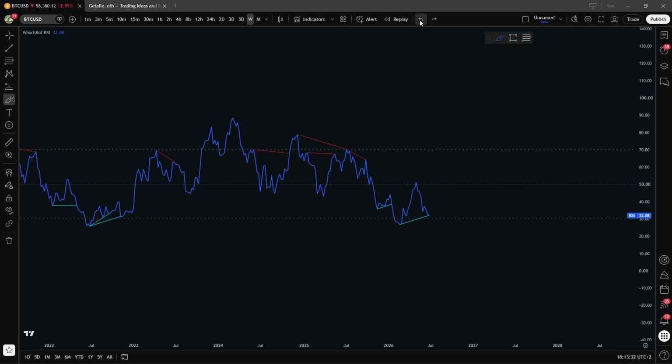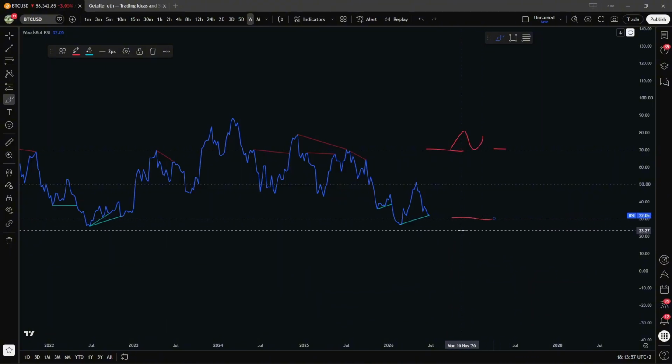And oversold and overbought basically just means that if the RSI gets above 70, then this is the definition of being overbought, right? So if RSI is above 70, this is where RSI is per definition overbought. And the same thing goes for if the RSI is under 30, this means that the RSI is oversold.